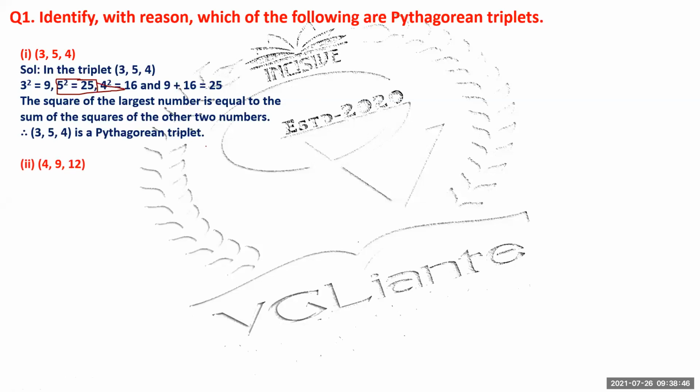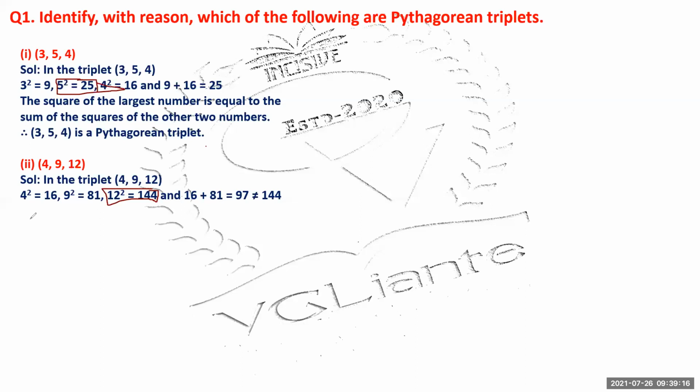Now the next set of numbers: 4, 9, 12. Again we'll take squares: square of 4 is 16, square of 9 is 81, and square of 12 is 144. Now check which is the largest square here. It's 144.